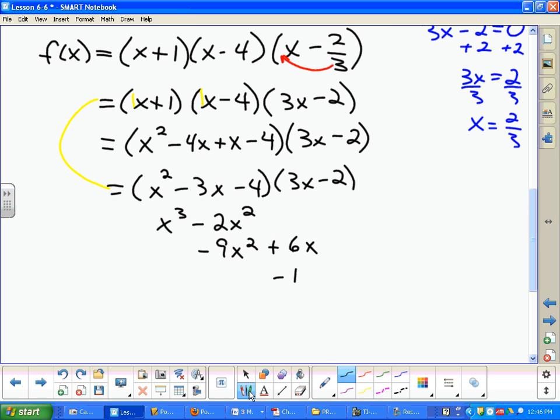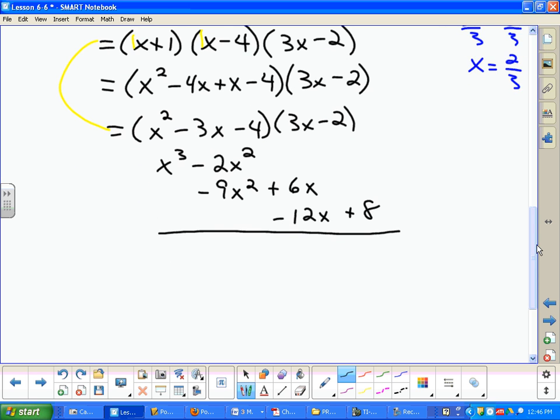Negative 4 times 3x is negative 12x, and plus 8. So when I add them together, this should be a 3x cubed, okay? I think I missed that, didn't I? Okay. So we have 3x cubed minus 11x squared minus 6x plus 8.